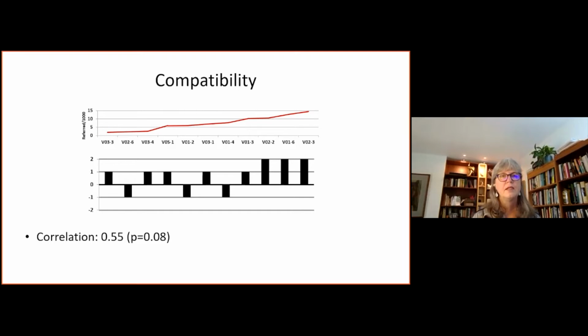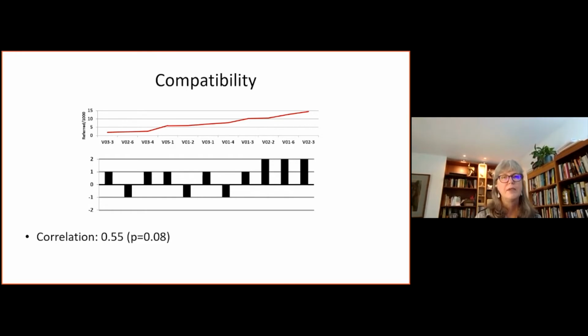In this case, the red line at the top is an ordering, going from the lowest referral site to the highest referral site. And we can see that there was a correlation of 0.55.